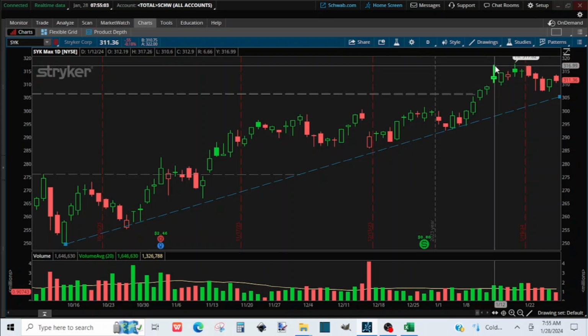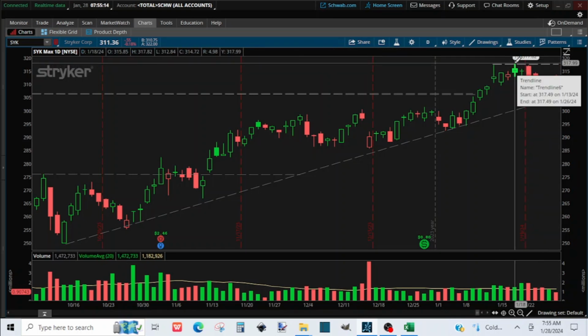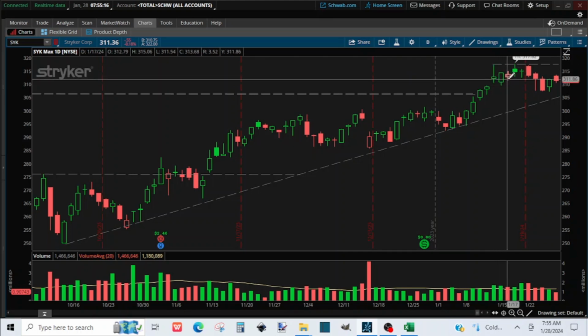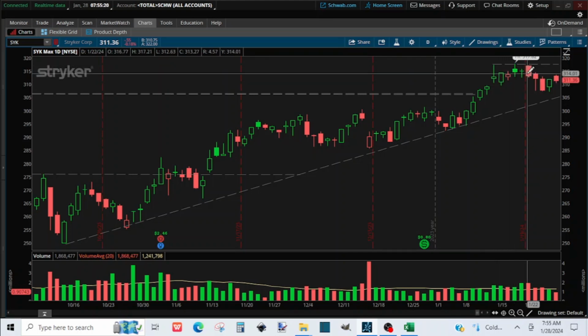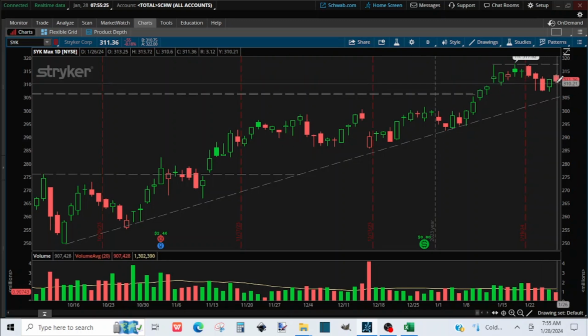Okay, it went up, but that one is higher up. So it went up, pulled back, went up, pulled back, and started going up, and probably will start pulling back.